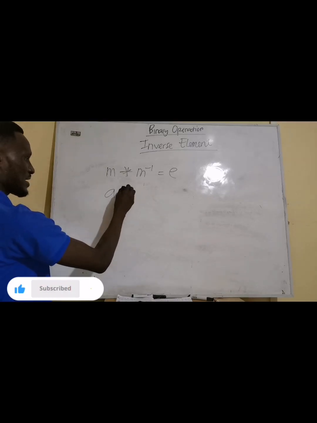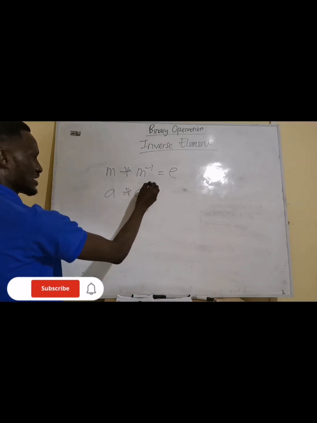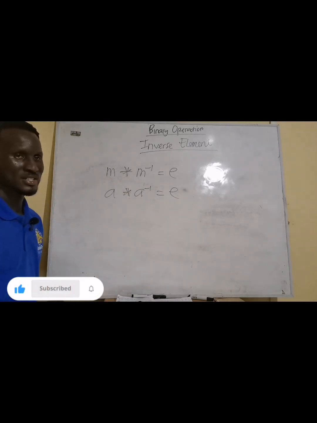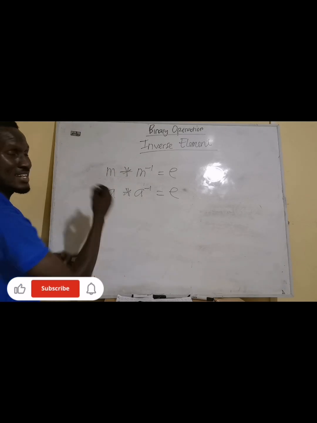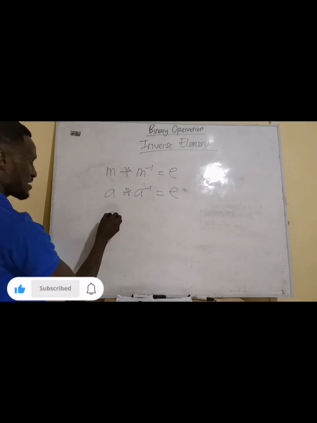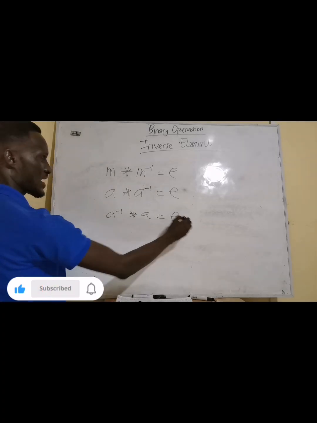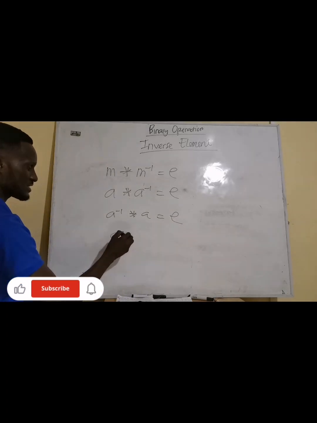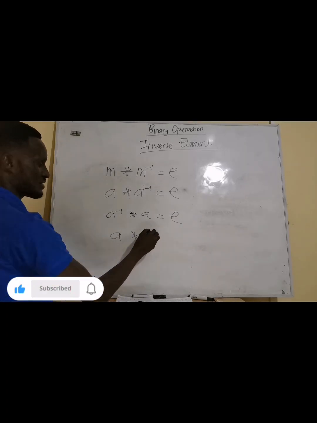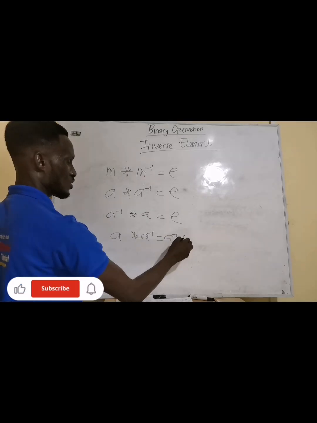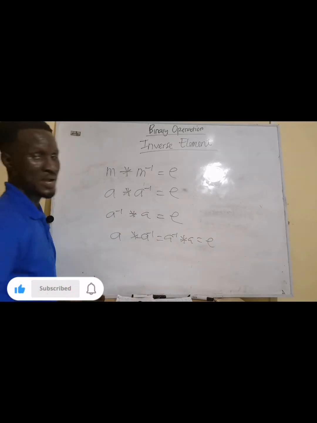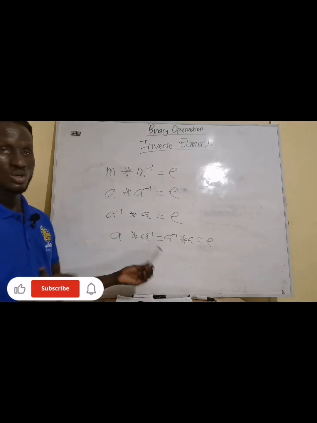Any element operating on its inverse gives the identity element. It is also commutative, so A inverse operating on A is the same as A operating on its inverse, which will all give me the identity element. So the identity element is also commutative.